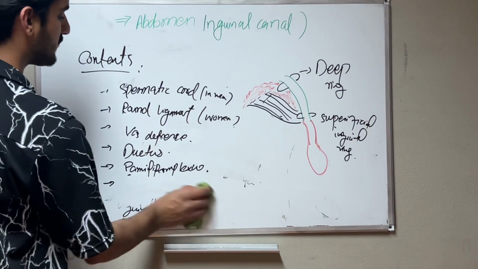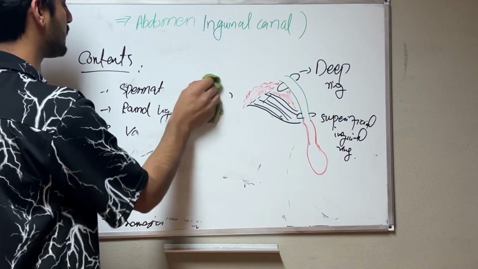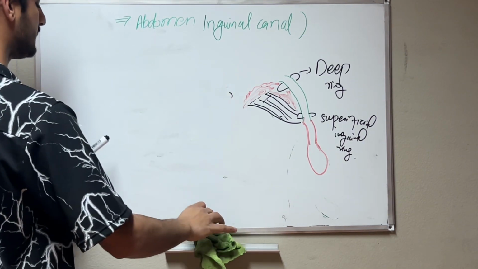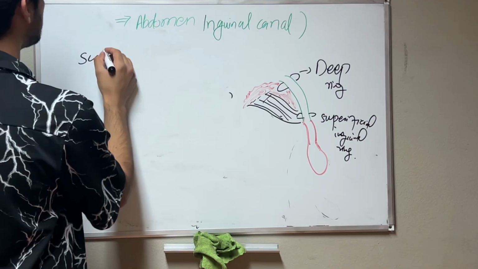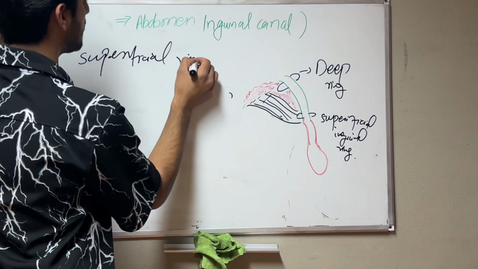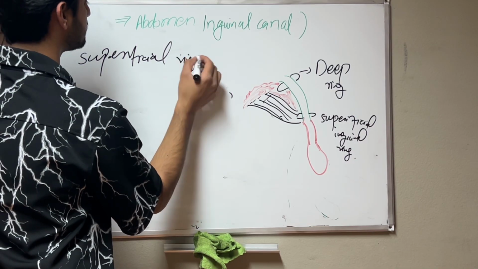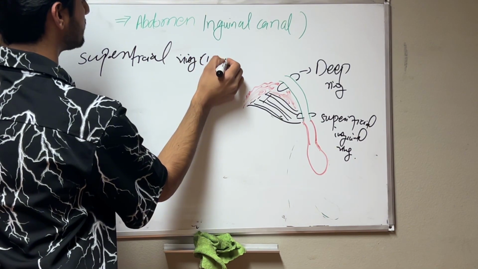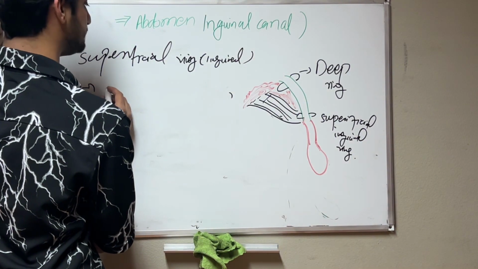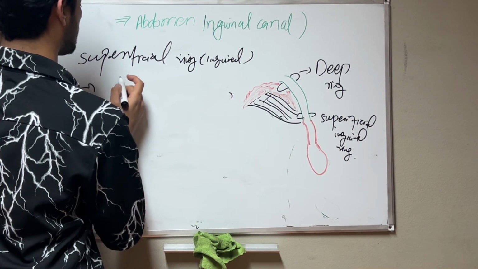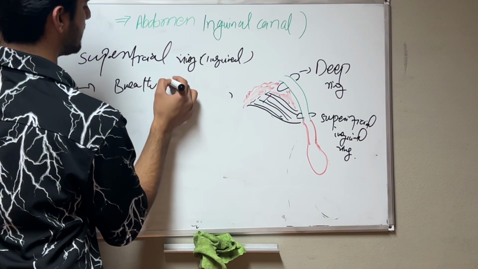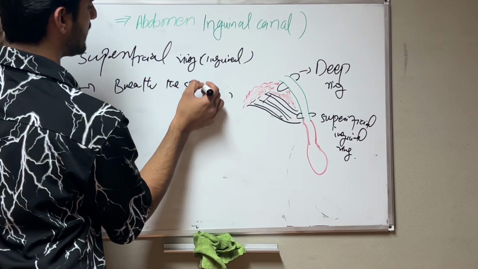Now if we talk about the location of the rings: the superficial inguinal ring is located beneath the skin, because after the skin we have the superficial ring.